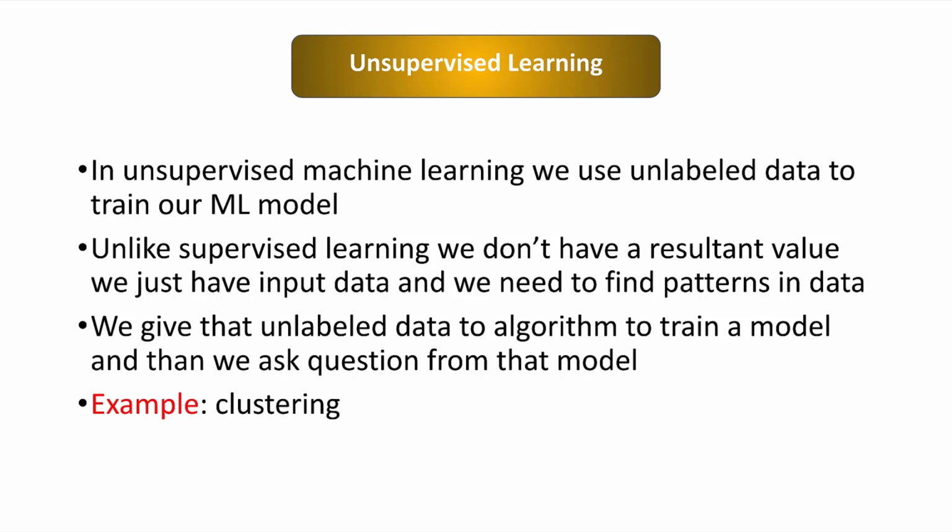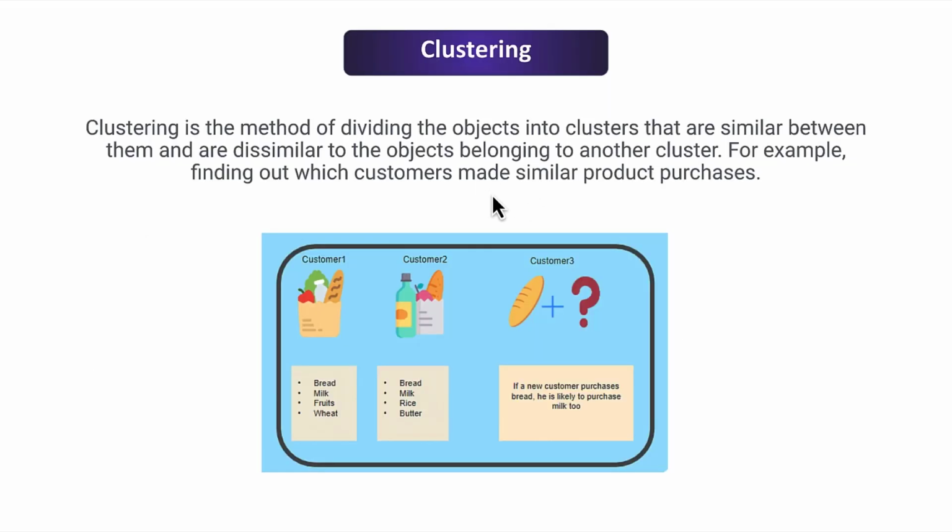An example of unsupervised machine learning is clustering. Let's look at the details of clustering so that we can understand how machine learning models are trained without the label or without the result. Clustering is a method of dividing objects into clusters or groups that are similar between them and are dissimilar to the objects belonging to another cluster.